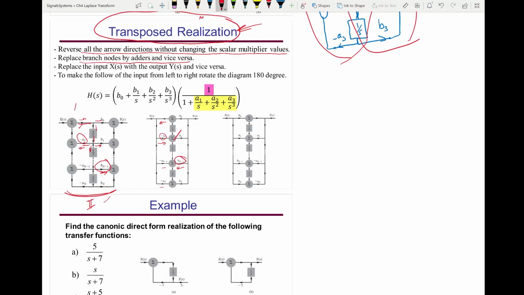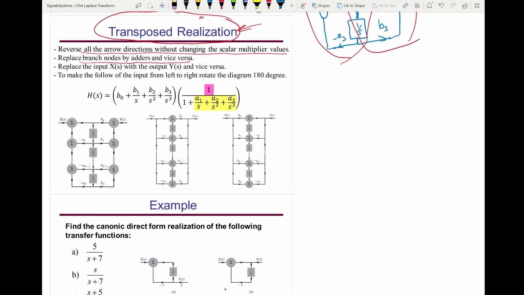A summing amplifier will be replaced by a node. So that summing amplifier will be replaced by this node. And it makes sense that now this will be branched because you don't need a summing amplifier here. There is an input going this way, then it's branched out here and here. So all these summing amplifiers will be branches. All these branches here will be summing amplifiers.